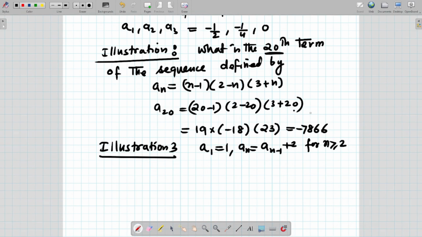Find the first 5 terms and write the corresponding series. Find first 5 terms. Right? Find first 5 terms and write the corresponding series.